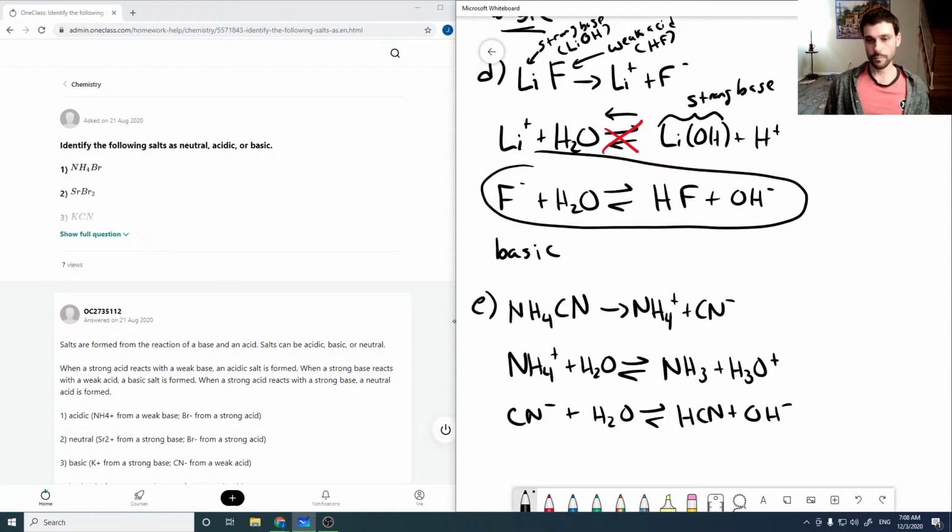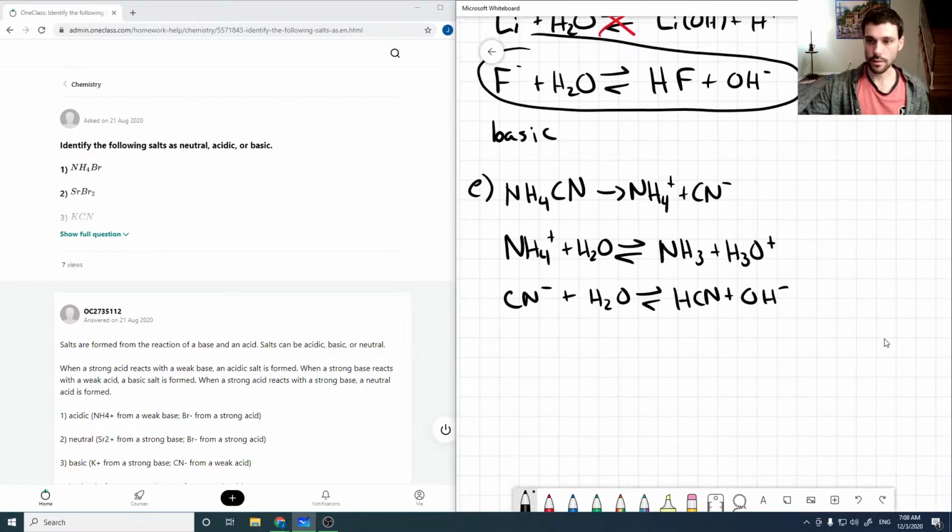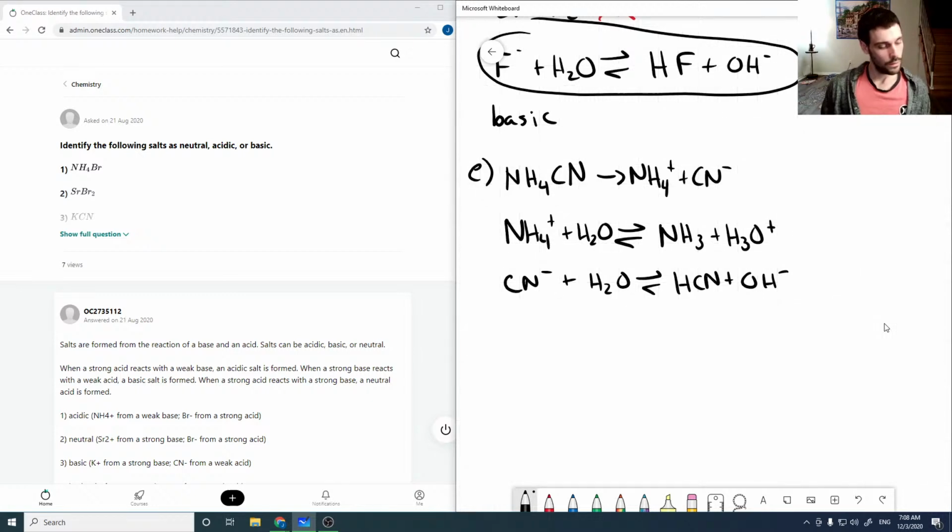But depending on which direction you want to see it as, looking at the backwards direction is sometimes easier. But HCN is a weaker acid versus NH4 plus. Okay.